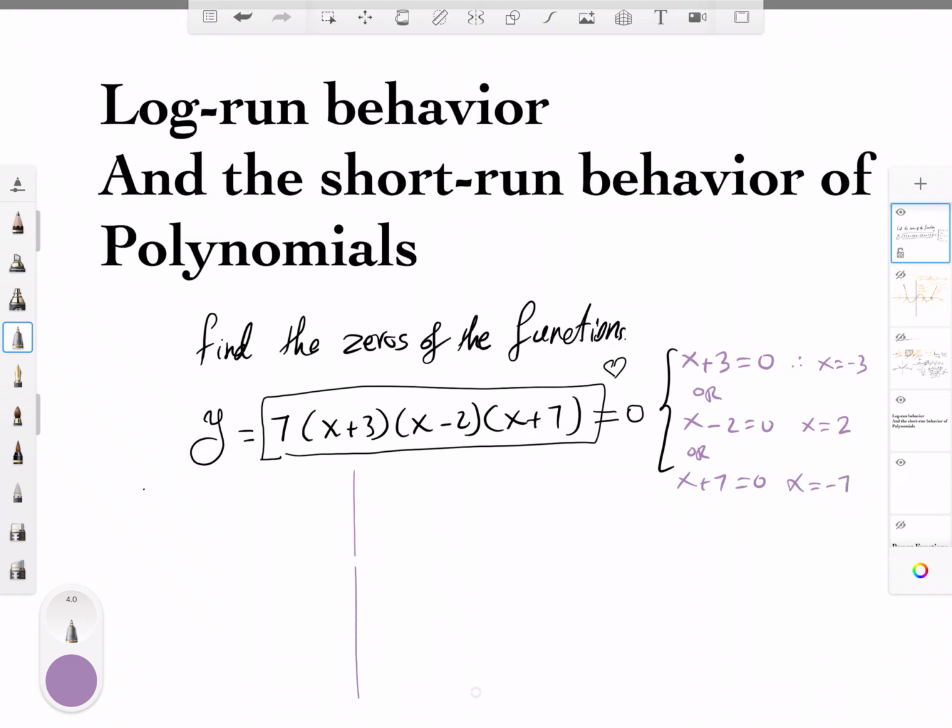So we have -7, -3, and 2. The graph will go through these points. The leading coefficient is positive, so it might be something like this.